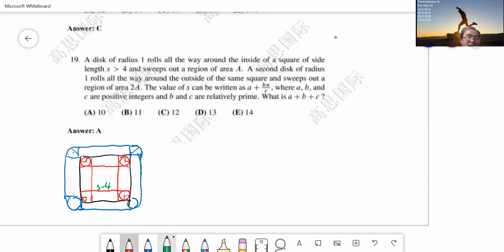Right, so then we can find the area swept by the coin, the disc inside the big square, right? We're going to use a square, A equals s squared for the black box, right? So s squared minus the inner square, which has side length s minus 4, so s minus 4 squared. Then we need to take out the corner part, right?